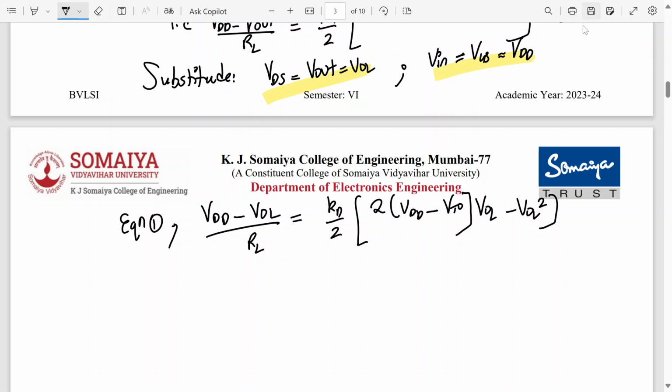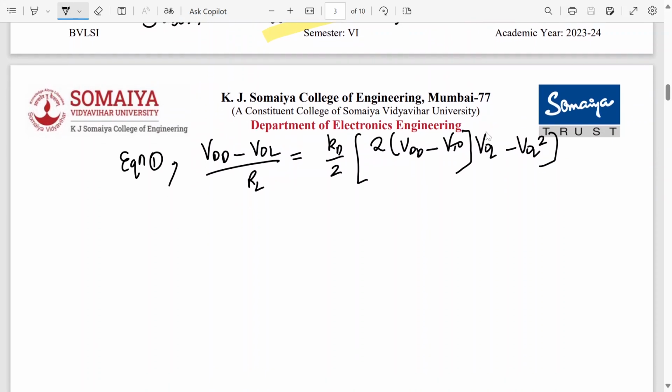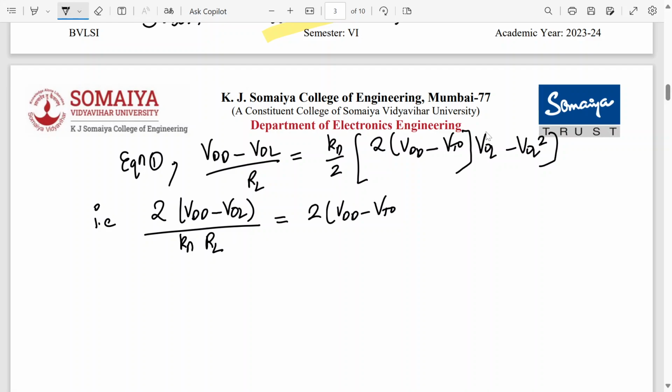Okay, so let's proceed forward. We can take this 2 over here, so it will be twice VDD minus VOL upon Kn times RL, which is equal to twice VDD minus VTO into VOL minus VOL square.